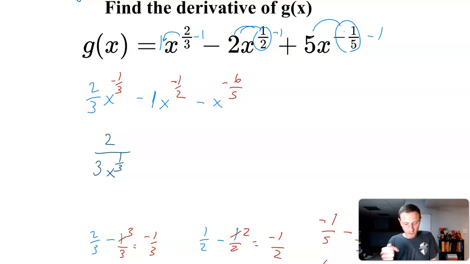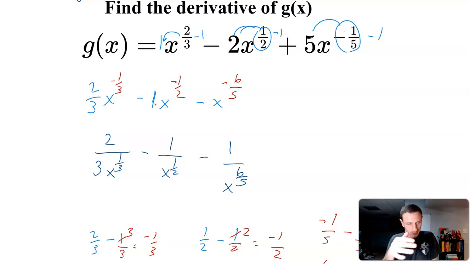Then I'm going to do minus 1 over x to the 1/2, because the x needs to go down. Minus 1 again over x to the 6 over 5. Because the x was negative, it needs to come down. And since we didn't have anything left on top, there's a 1. Over here, same thing.